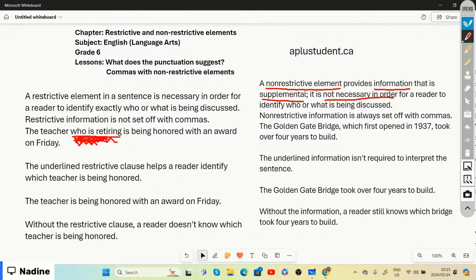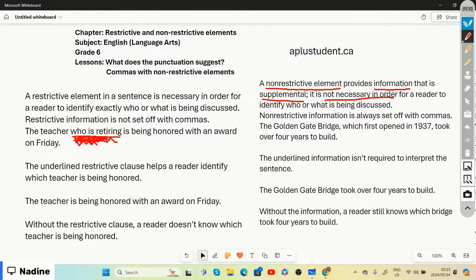And sometimes in a sentence, they'll maybe put a comma there, showing exactly who is being honored or whoever they are basically talking about, right? But when it comes to a restrictive element, it is not set off with commas.